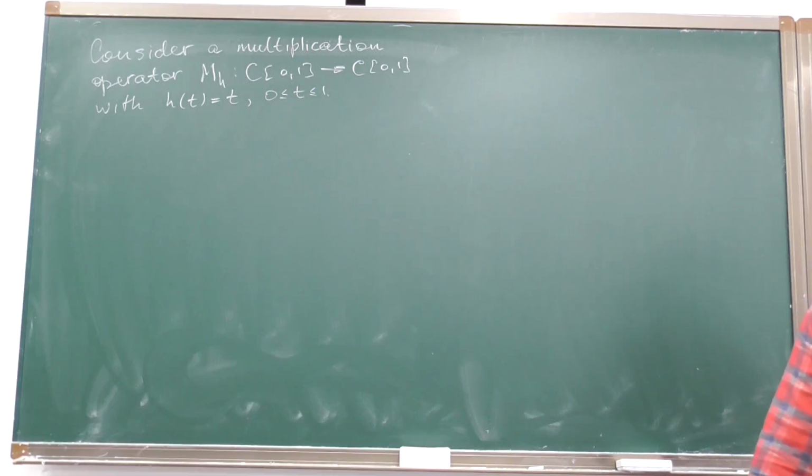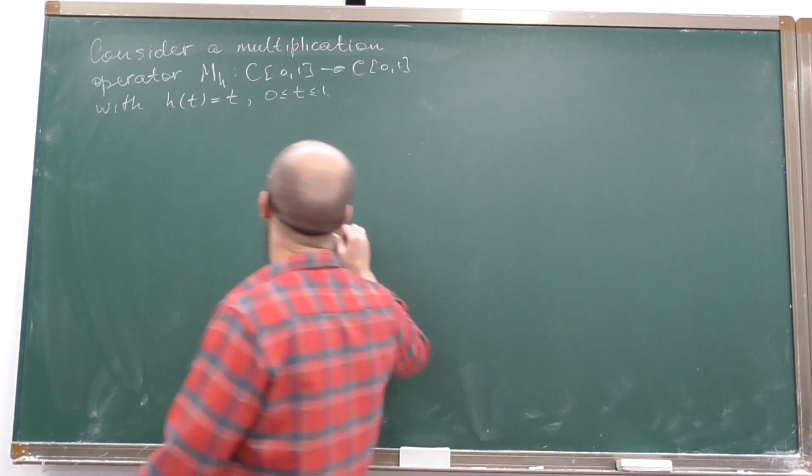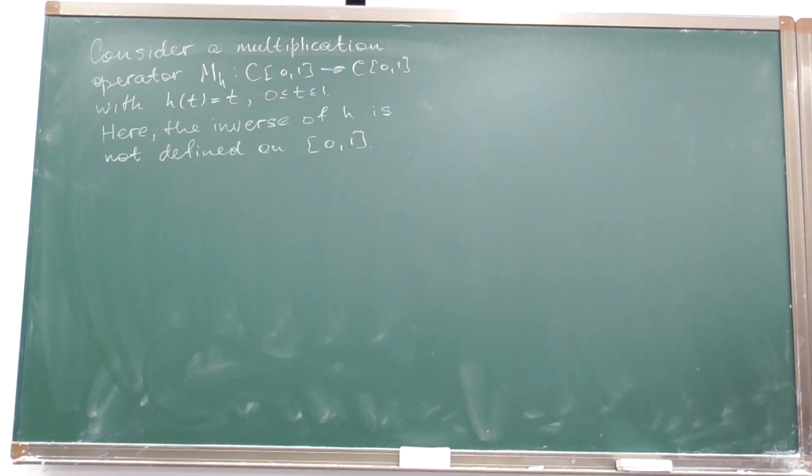In the previous example, to construct the inverse of the multiplication operator, we've taken the inverse of the function. And that inverse was well defined on the interval 0, 1 and was a continuous function. This is not the case here, so the inverse of h is not even defined on the interval 0, 1. So we cannot construct the inverse in the way we did it before.